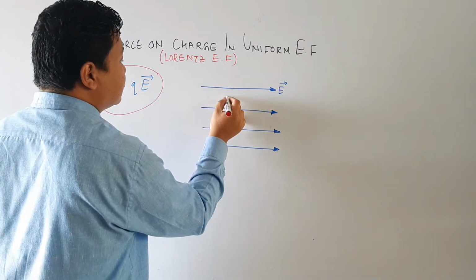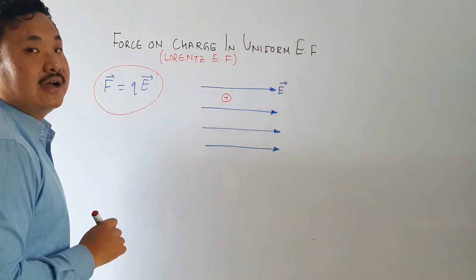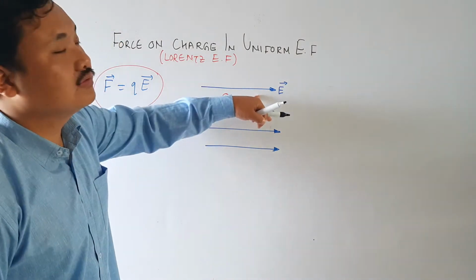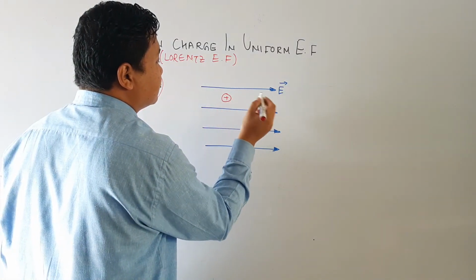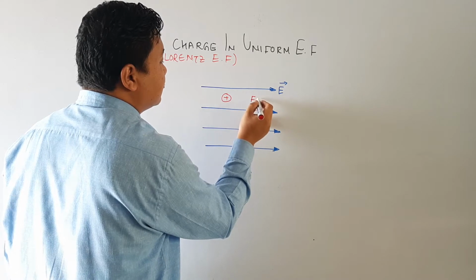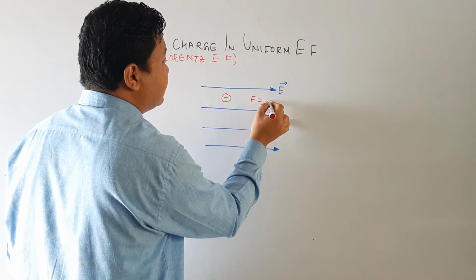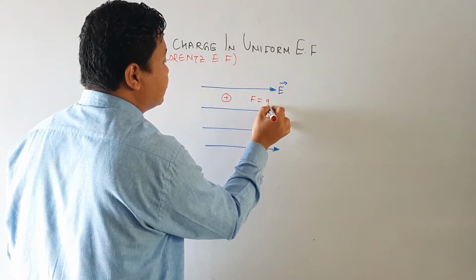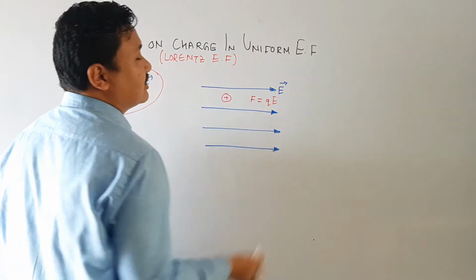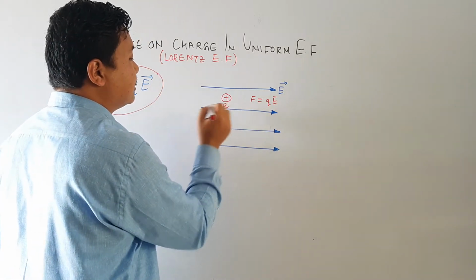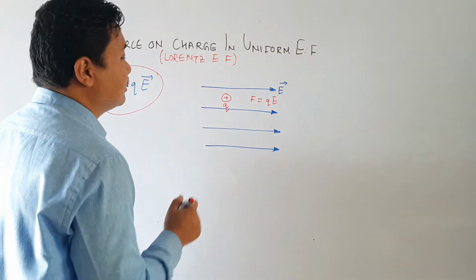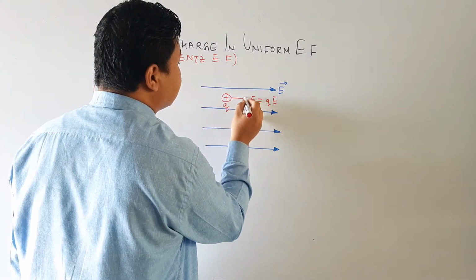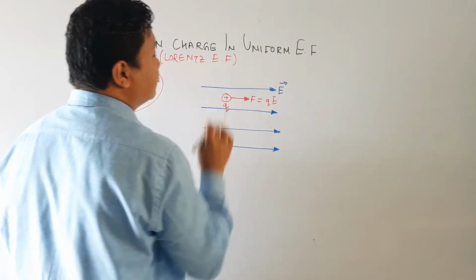So if I have a positive charge, okay, and now I'm putting this in this uniform electric field, it will experience a force equal to QE. I am just writing the magnitude, this is plus Q, and in which direction it will experience a force? In the direction of electric field.